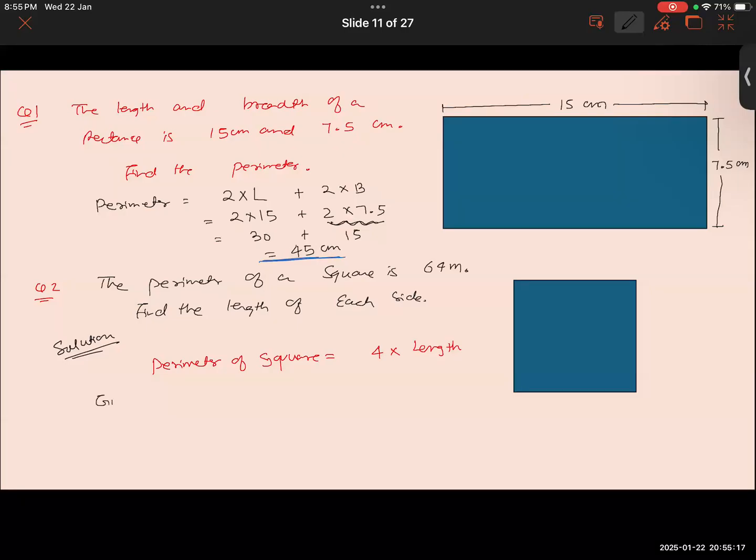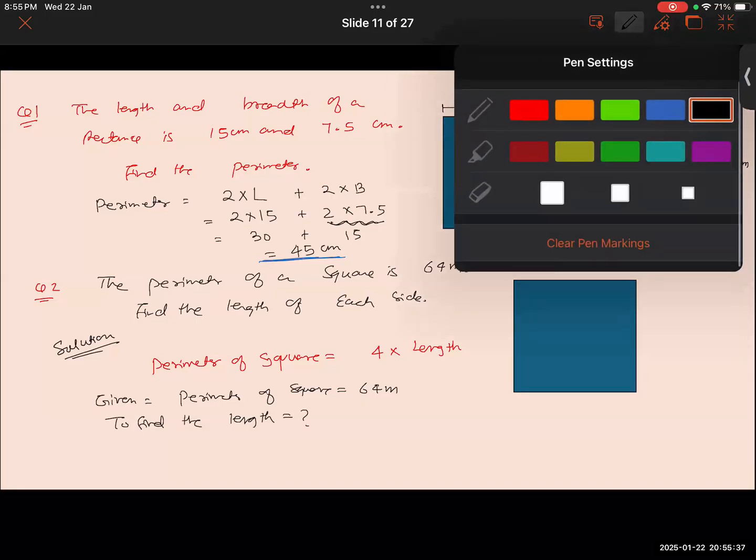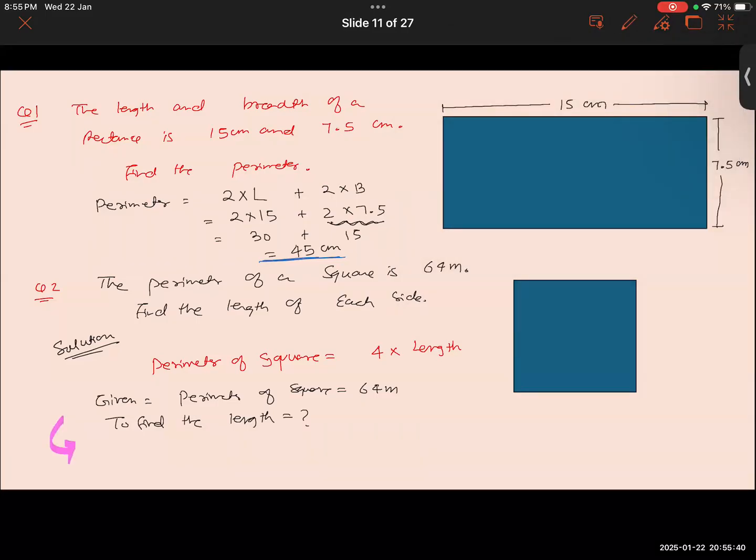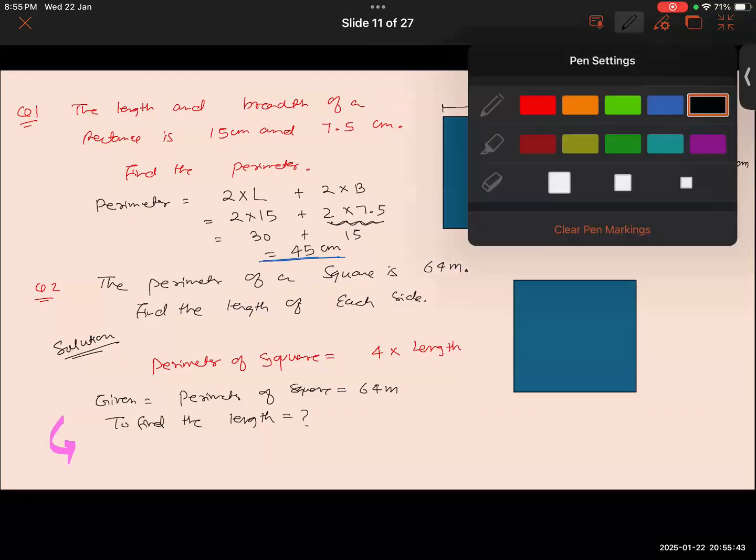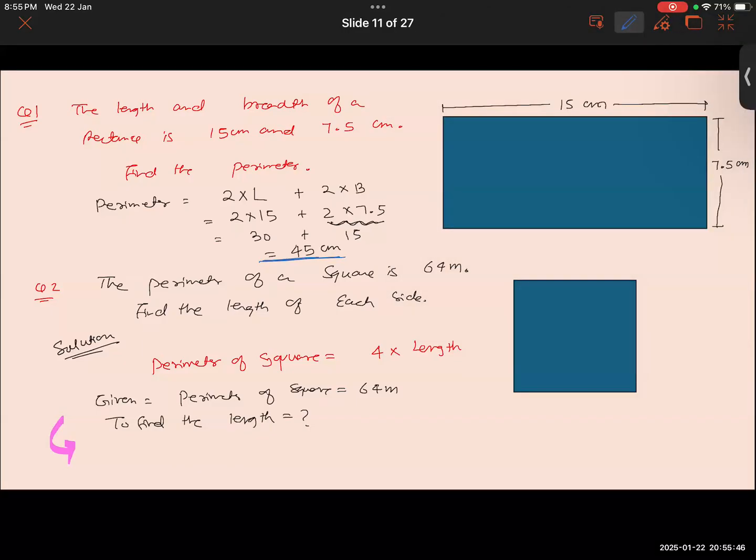In the question, we are given that the perimeter of a square is 64 meter. What we need to do is to find the length, isn't it? Let us solve this now. You understood this much so far? Yes. Great. Now, can I say that perimeter equals 4 times length? You got it? Okay. Continue.